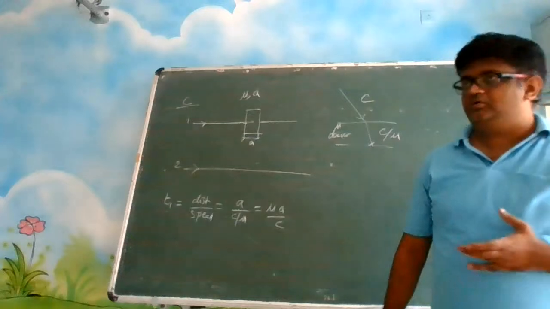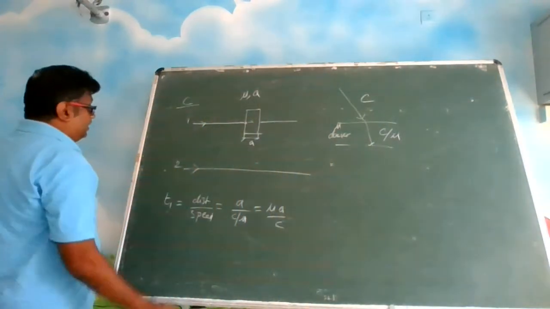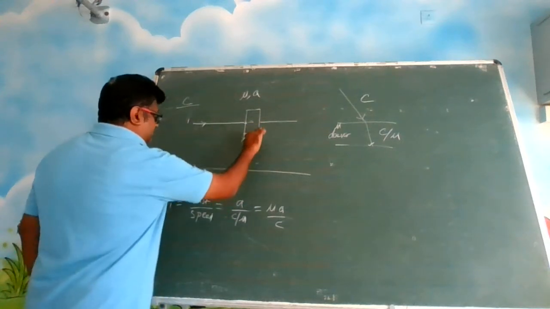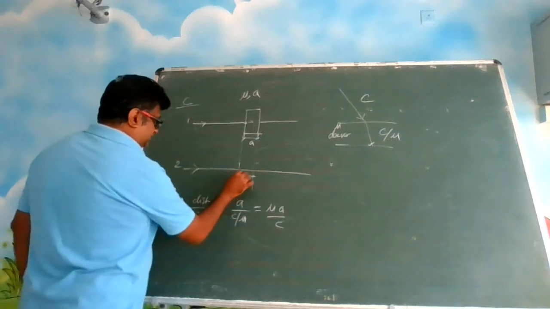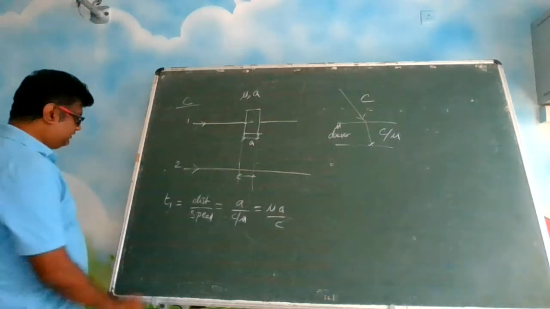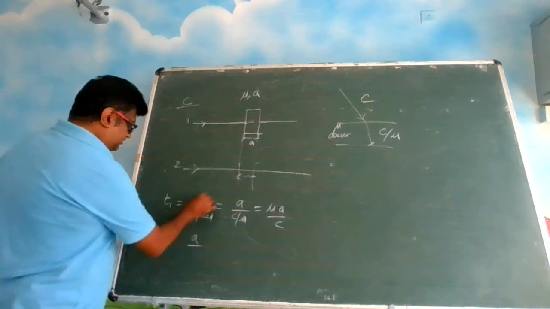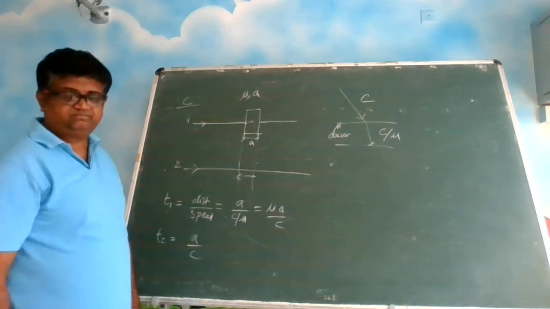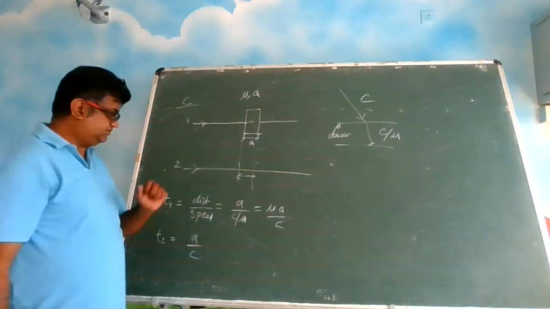So how much time will ray 2 take? Ray 2 will take distance by speed. The distance is a and the speed is c. So a by c. So T1 is this much, T2 is this much.